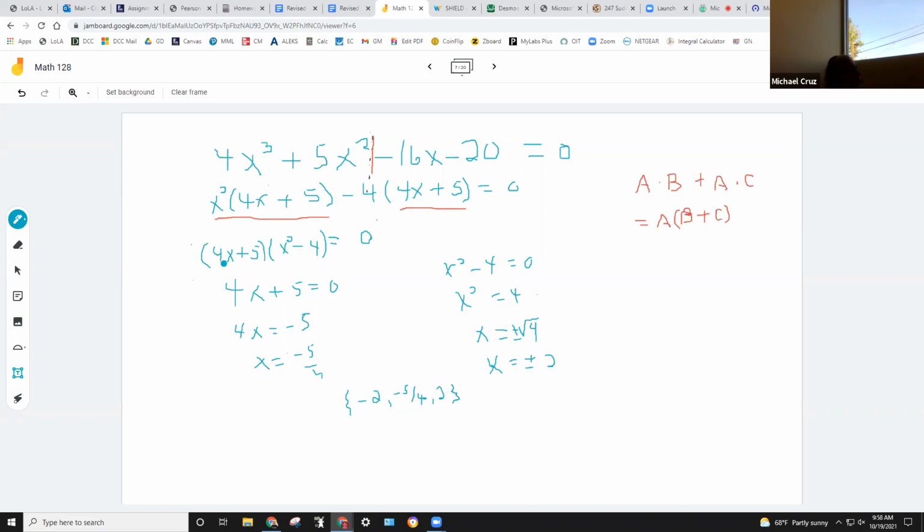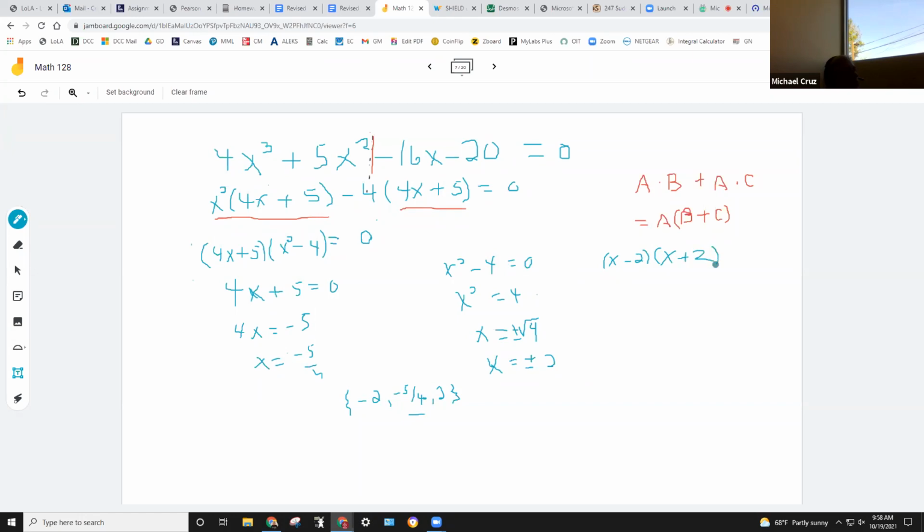And then we're just going to set each one of those equal to 0. When we set 4x plus 5 is equal to 0, subtract 5, we get 4x is equal to negative 5, divide by 4, and that gives us the first solution of negative 5/4. On the other side, you could either solve it by the square root principle, or you could also factor this as x minus 2 times x plus 2.